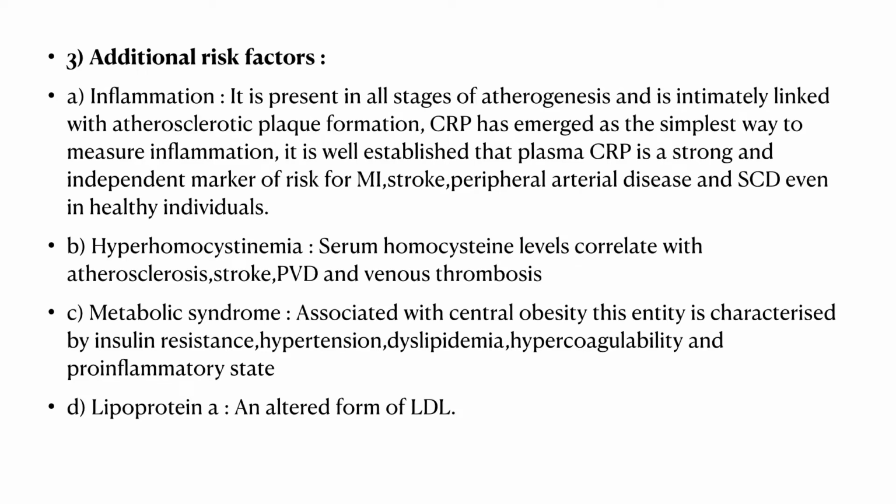Check the level of CRP. CRP is C-reactive protein, which is synthesized in the liver and is mainly present in the blood at the time of inflammation. CRP has emerged as the simplest way to measure inflammation. It is well established that plasma CRP is a strong and independent marker of risk for myocardial infarction, stroke, peripheral arterial disease, and SCD, sudden cardiac death, even in healthy individuals.